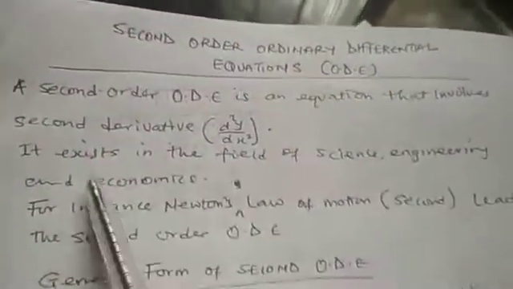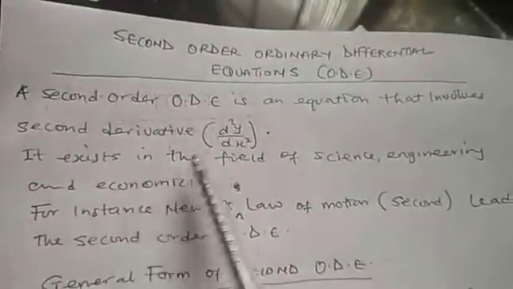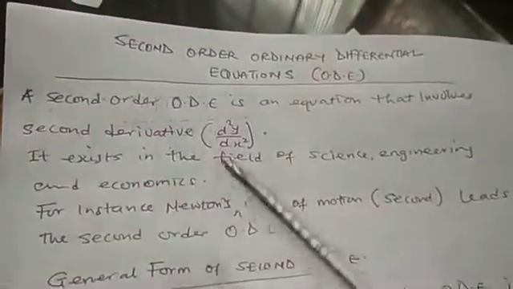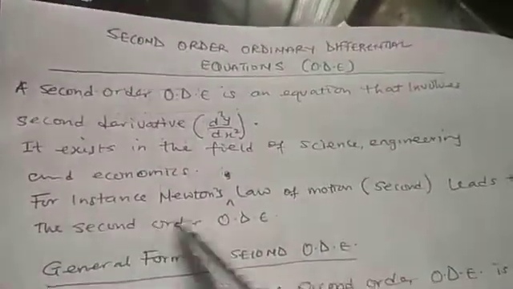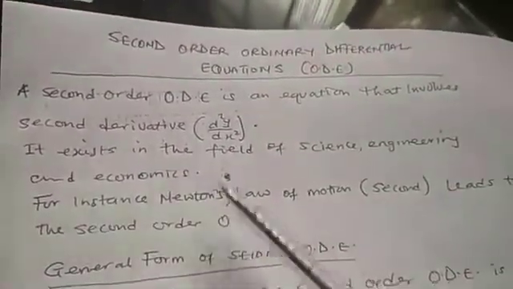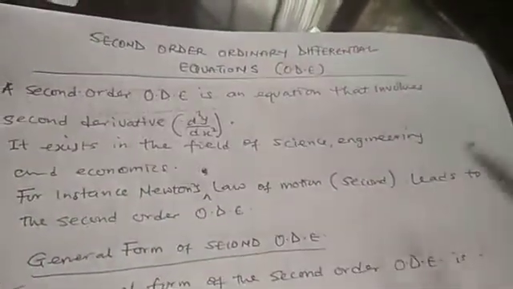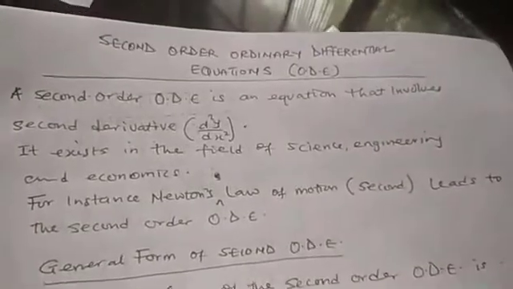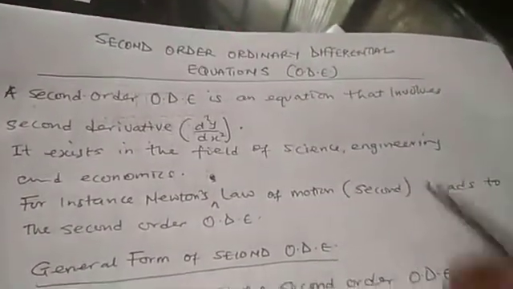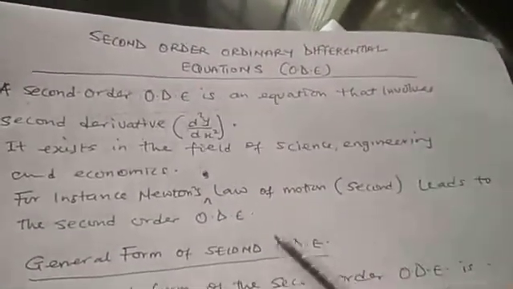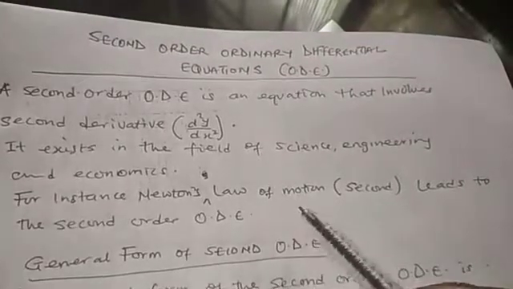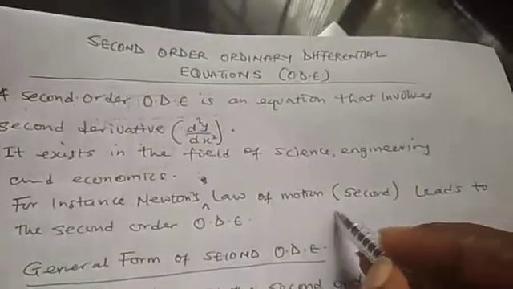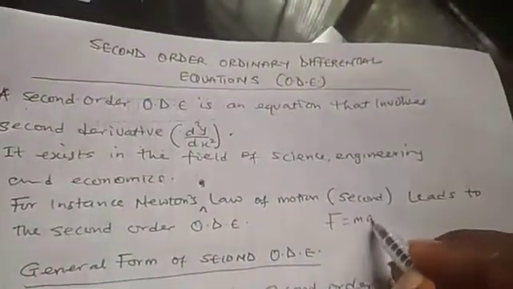ordinary differential equation. And this second order differential equation exists in the field of science, engineering, and economics. For instance, in the field of science, Newton's second law of motion leads to a second order ODE. If you can remember, Newton's second law of motion says that the rate of change of momentum is directly proportional to the force applied, which gives rise to this.